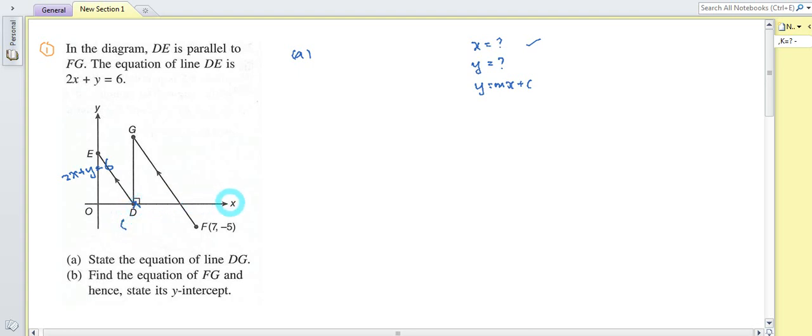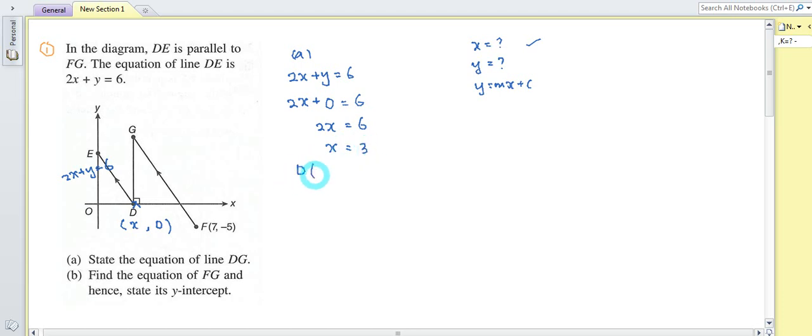The D falls on the x-axis. On x-axis, remember, y is equal to 0, and we don't know the x. We need to find the x. So we have the equation 2x plus y equal to 6, and this point falls on this straight line. We can use this equation to find the coordinate of D. At point D, y is equal to 0, so 2x is equal to 6. x is equal to 3.